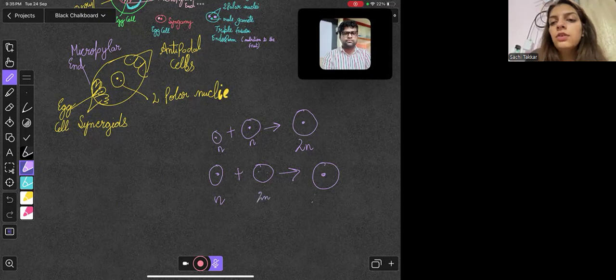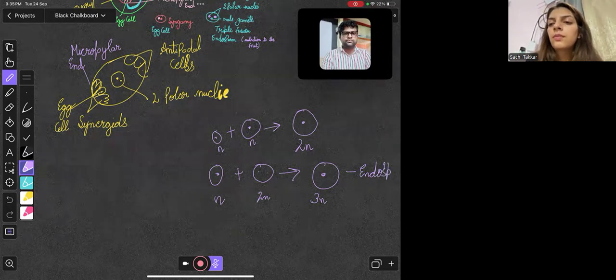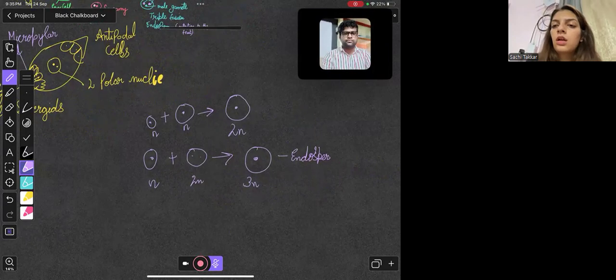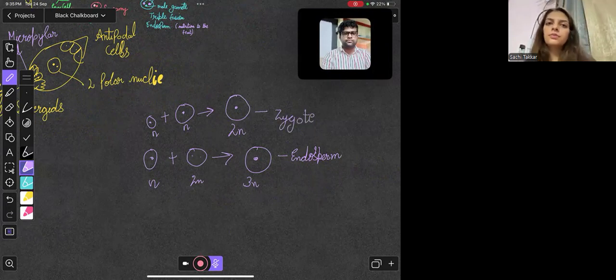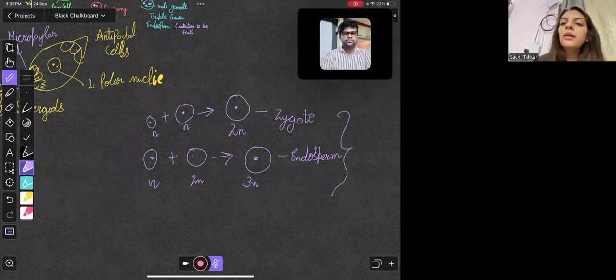So this will form a 3n triploid structure, and this triploid structure will later form the endosperm. And this diploid structure is the zygote. So when these two processes occur together, simultaneously in the ovary, the process is known as double fertilization.